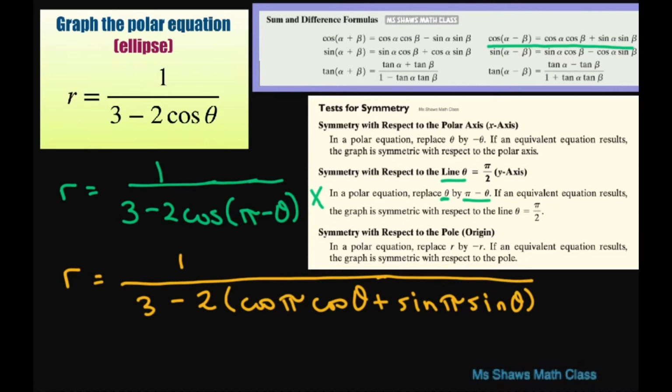Now, sine of pi is 0, so that whole term is going to be 0. Cosine of pi is negative 1. So you multiply two negatives, you get a positive. So we're going to get 1 divided by 3 plus 2 cosine of theta. These are not equivalent equations, so it fails.